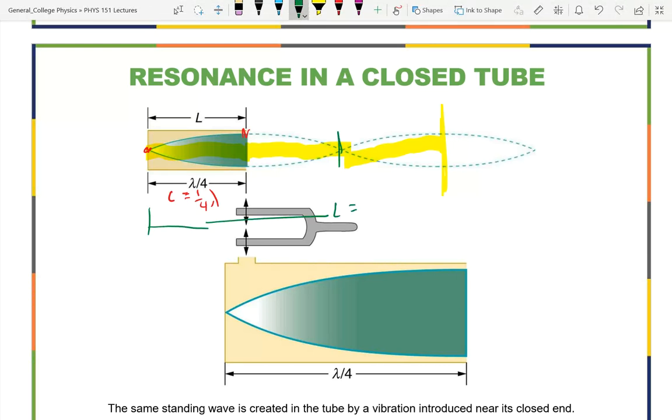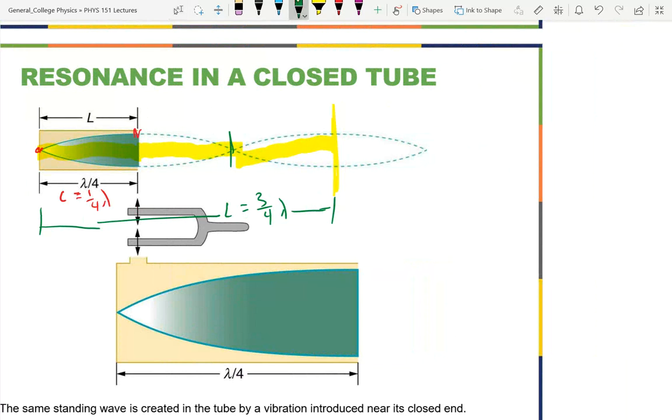So this would be a 1/2 wavelength here and another 1/4, so that's 3/4 wavelengths. So the fundamental is a 1/4 wavelength, but the first overtone that it plays has the length as 3/4 wavelengths. Doing the same work we did before.